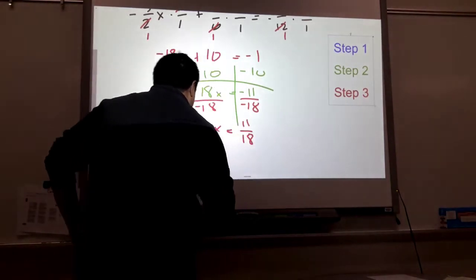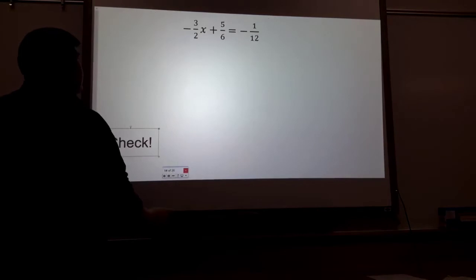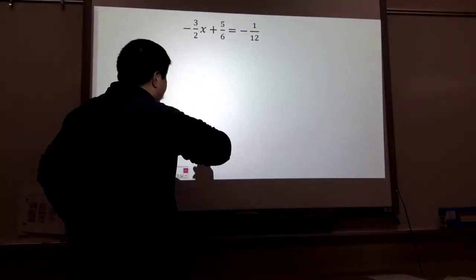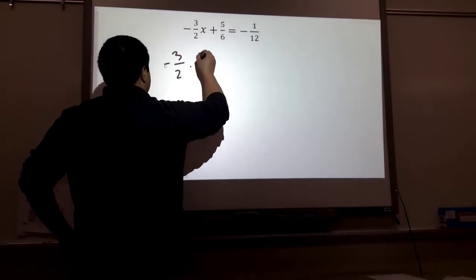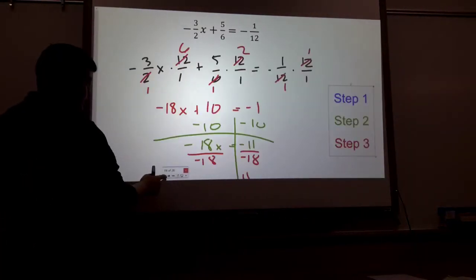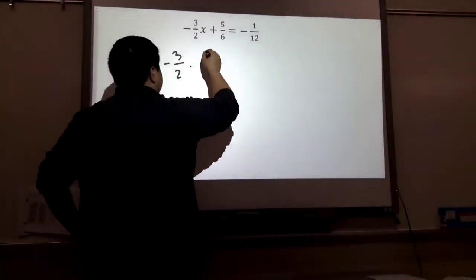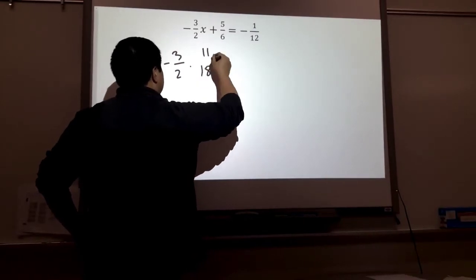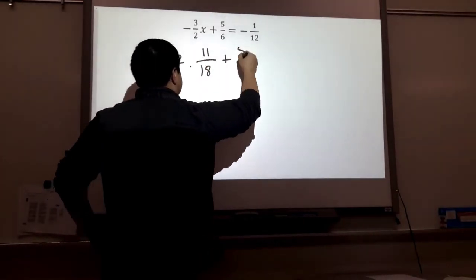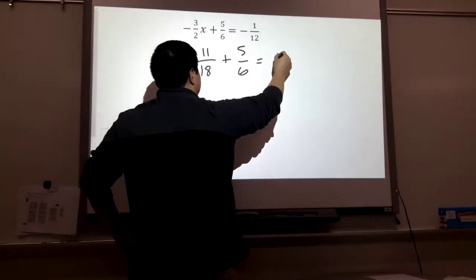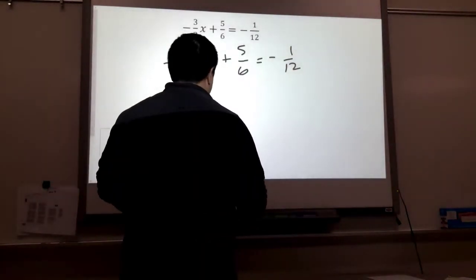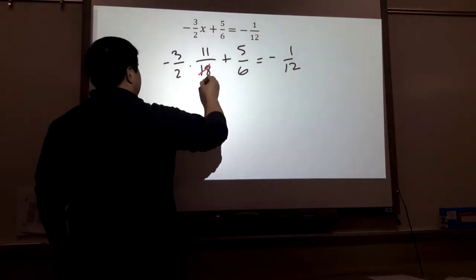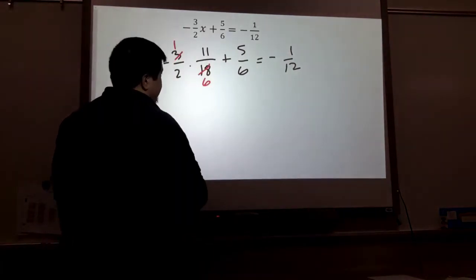So let's try that out. We got negative 3 over 2 times, our answer was 11/18, plus 5/6 will hopefully get us negative 1/12. Cross cancel, get 6 and 1 because 3 goes into both of those.